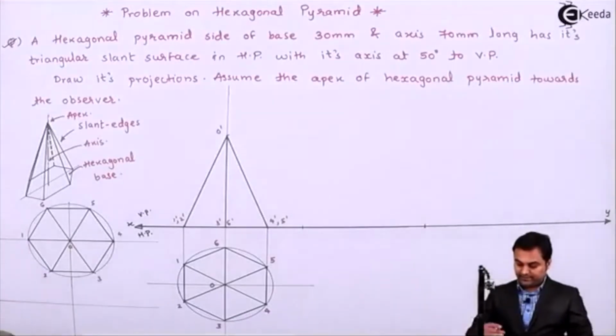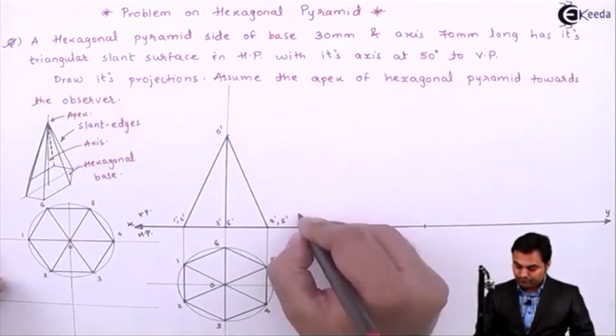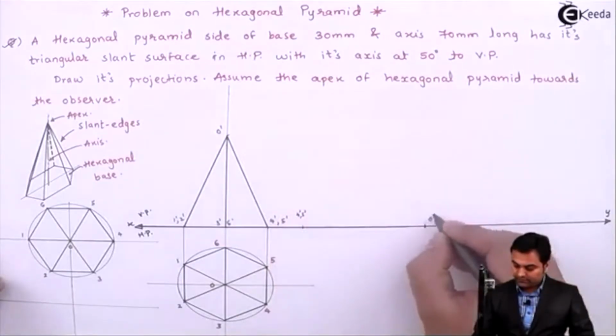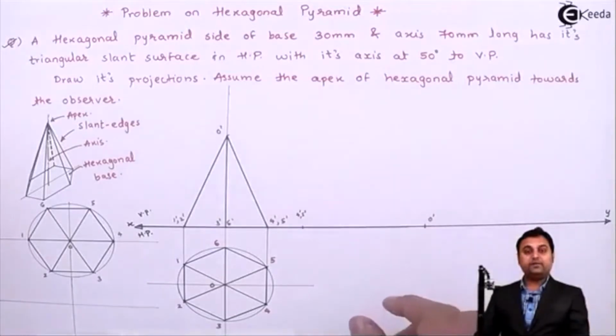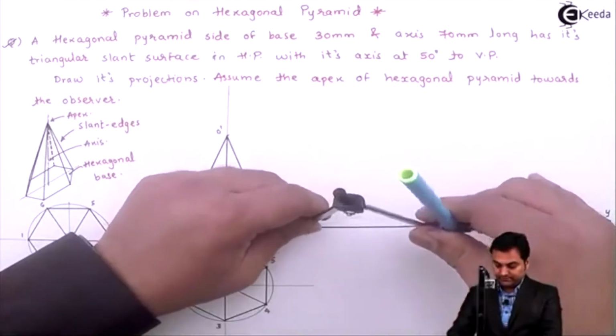So here I'll be getting point 4 dash 5 dash, and here there is O dash. Then keeping the same distance, I'll mark the slant edge onto the other side.